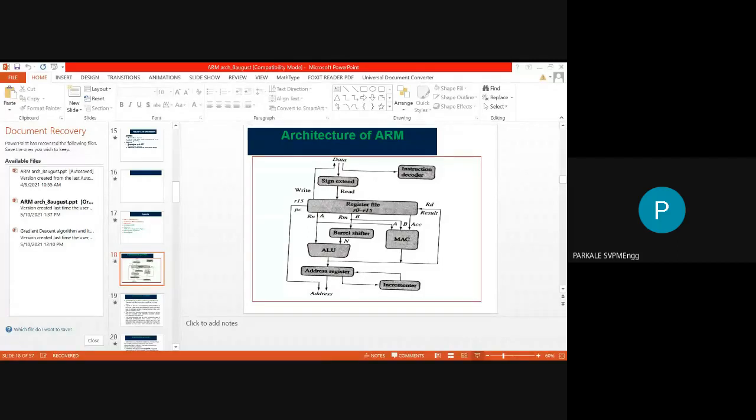Multiply and accumulate unit means first it will multiply the two registers, A and B. For this MAC unit, you will get one data from the data bus A, and you will get the other data from the bus B. These two data are multiplied with each other, and then you are able to add a third register to this.